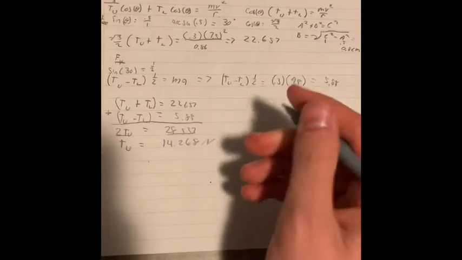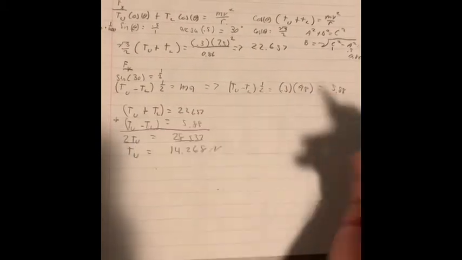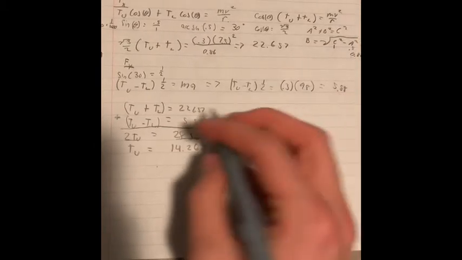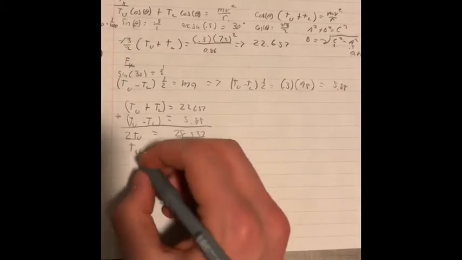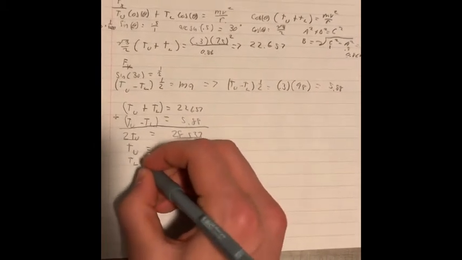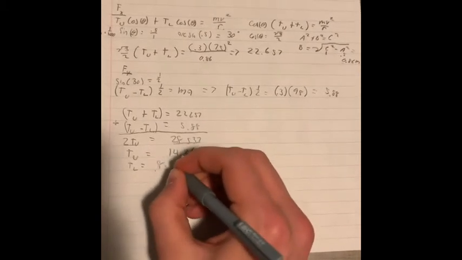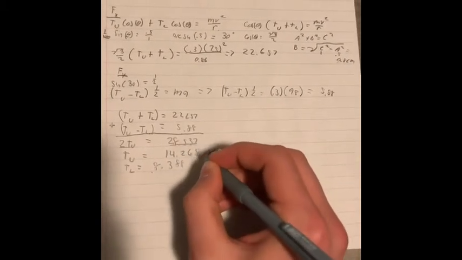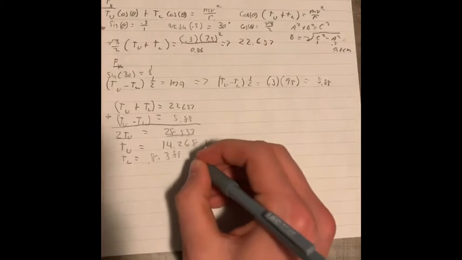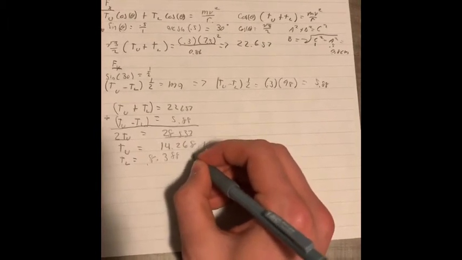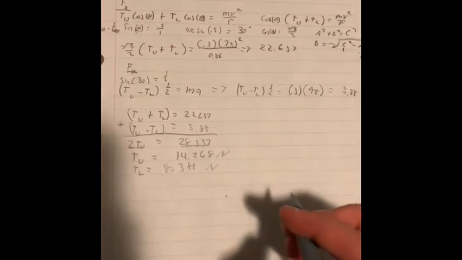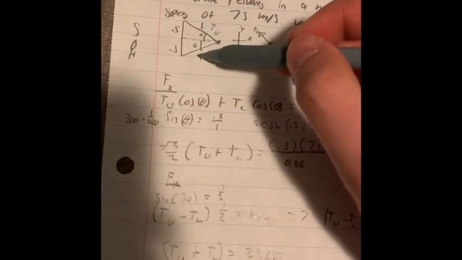And then you can plug this into either of these and solve it. So then tension lower equals 8.388 newtons. All right, and that is the tension of this wire and this wire.